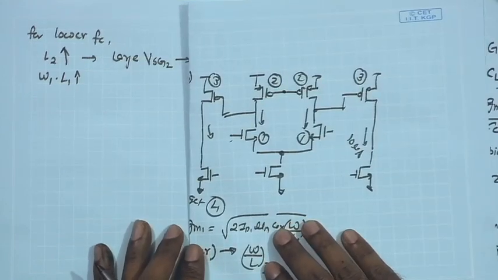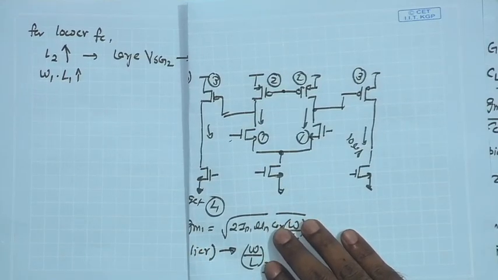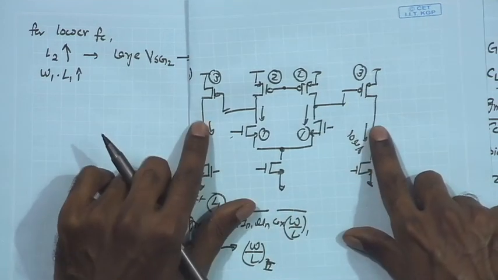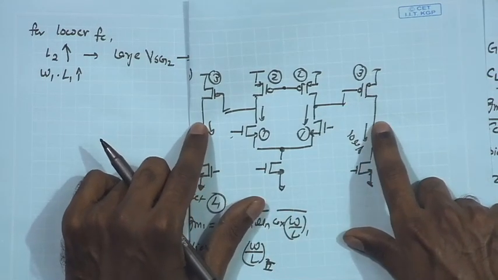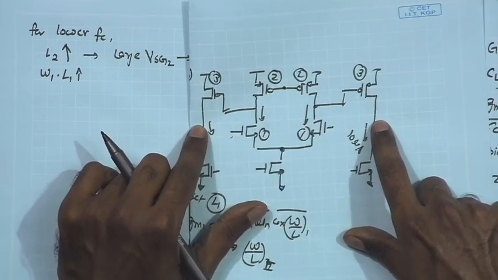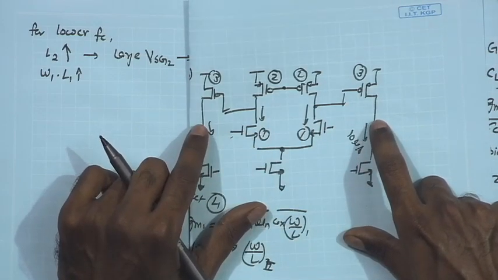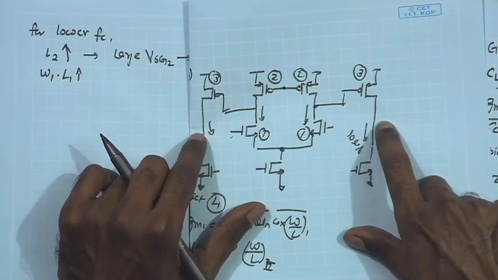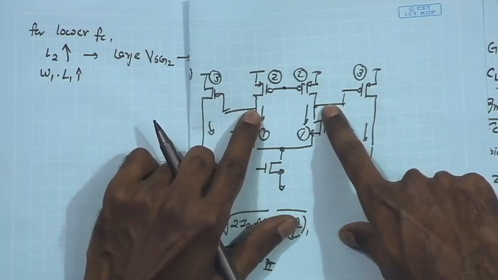But is that a serious constraint for the first stage? Especially if you are looking at the input stage and the signal swing is relatively small, 100 microvolt, and the overall closed loop gain is say 100. So, at the max we may be getting a signal of 10 millivolt at the final output, and for that 10 millivolt we are having an even smaller signal swing over here.